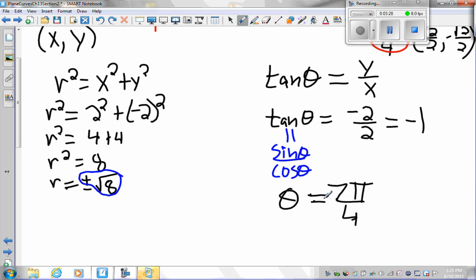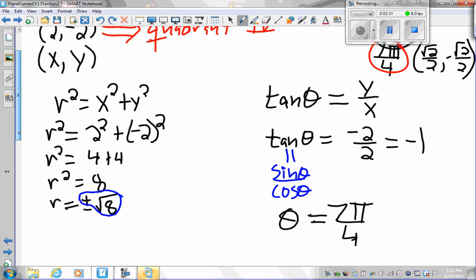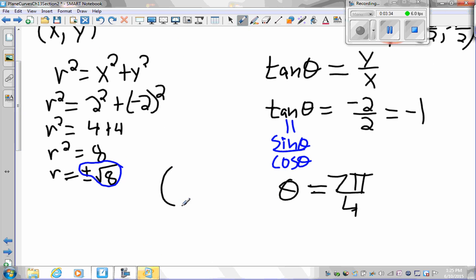So the point corresponding to the rectangular point 2, -2 in terms of polar coordinates can be represented by the square root of 8 and 7 pi over 4.